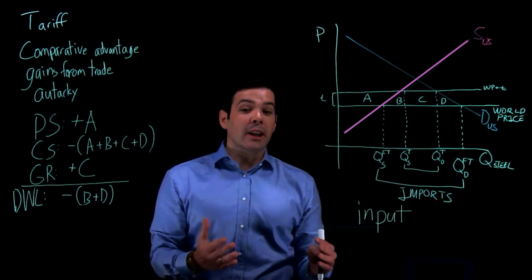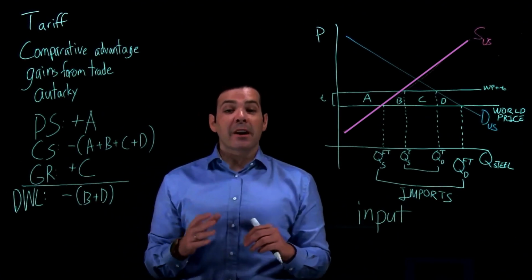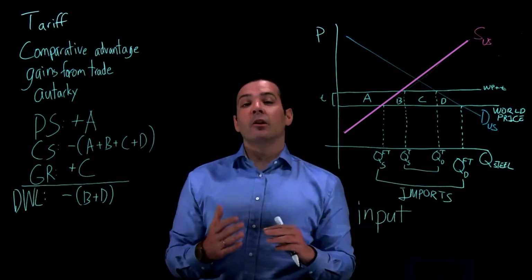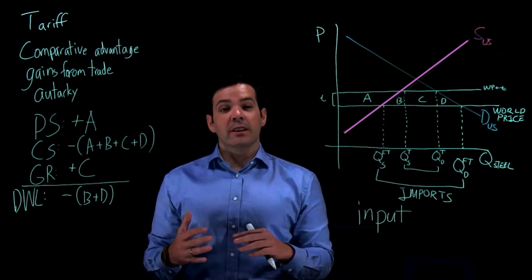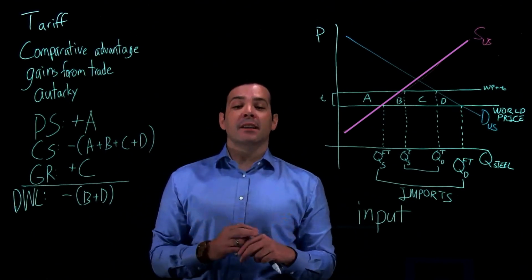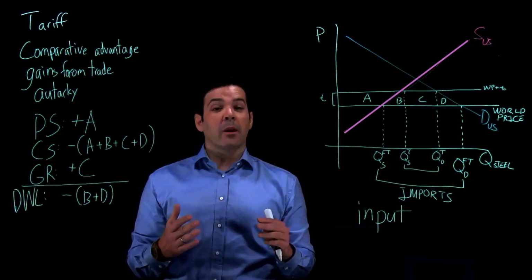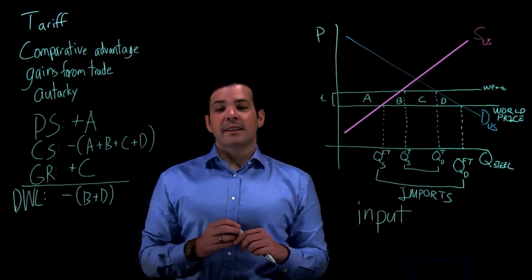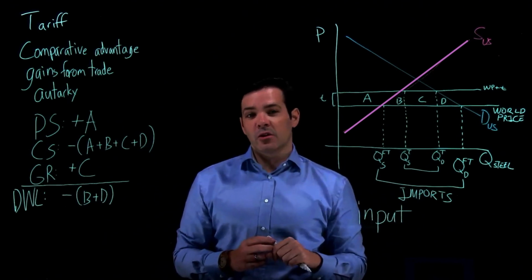And if they produce less, the firm needs fewer workers. Tariffs, especially on inputs like steel and aluminum, can end up costing more jobs in other industries than they save in the protected industry. And those jobs saved in that protected industry, remember, come at a huge cost. A tariff is a tax with the entire incidence on the American consumer.